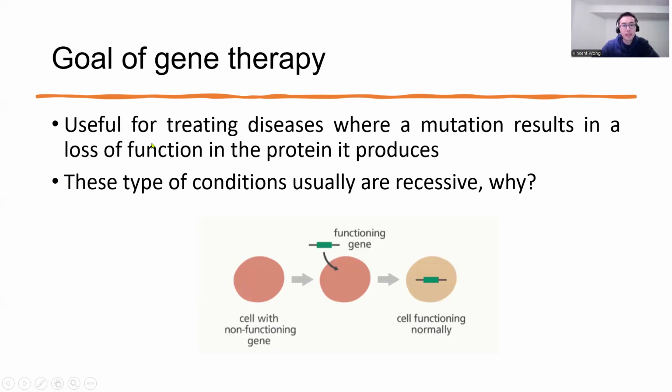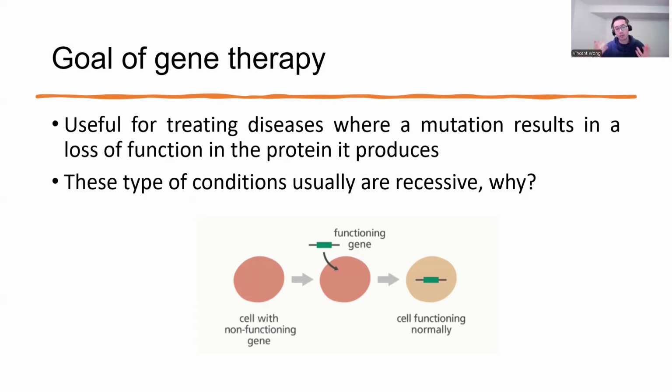At the beginning, gene therapy was primarily used as a way to treat diseases where you have a loss of function mutation. Loss of function means there is a mutation, like a nonsense mutation or missense mutation, that causes the protein to no longer function the way it's supposed to.